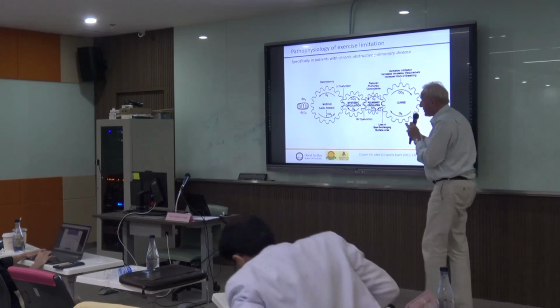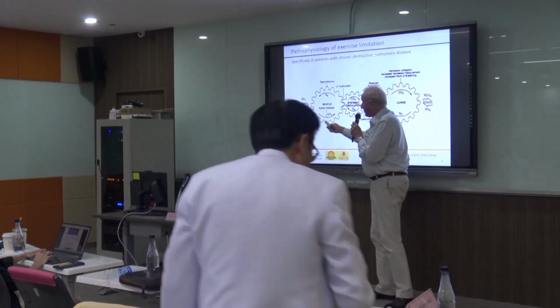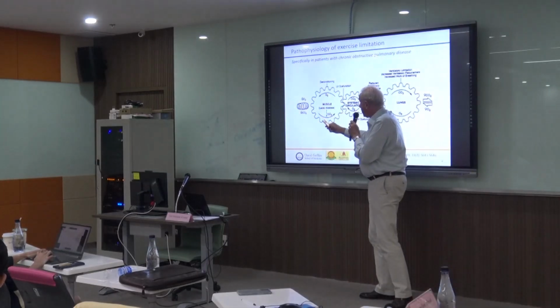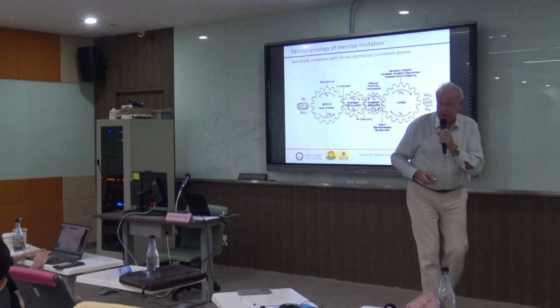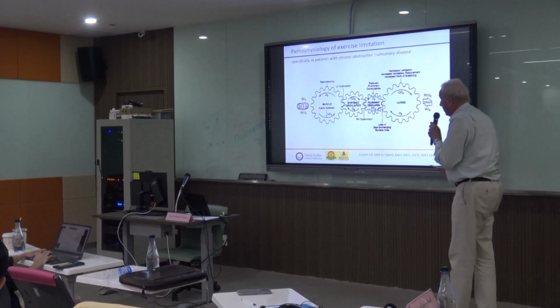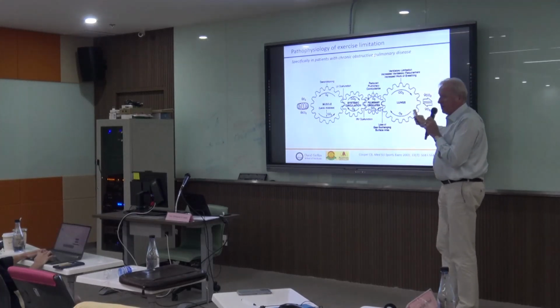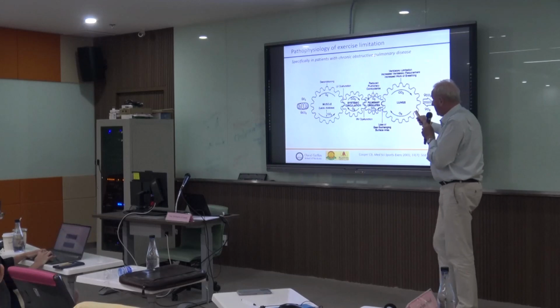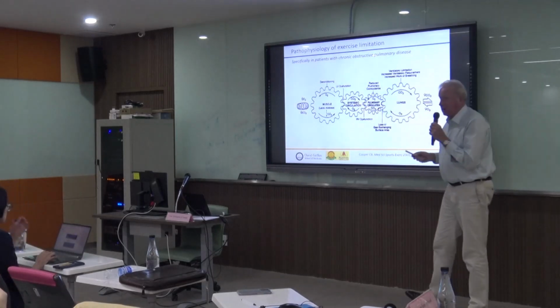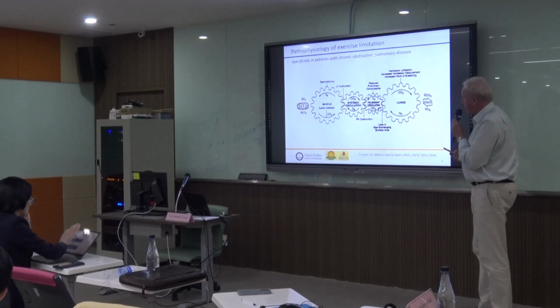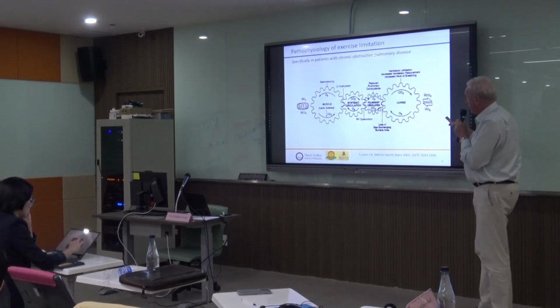This is to match the metabolic needs of the exercising muscle, oxygen consumption, and carbon dioxide production. And hopefully these are matched by increases in ventilation during exercise. The circulation is important in transporting the oxygen to the muscle and transporting the CO2 to the lungs.